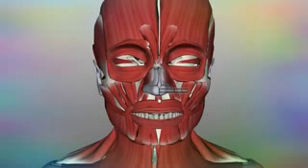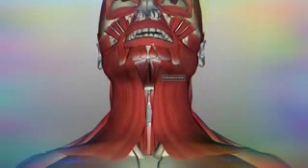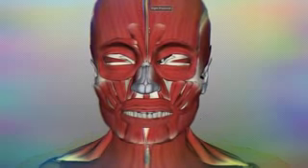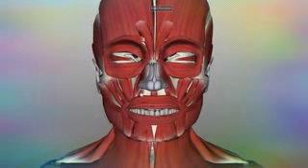It depresses the nasal septum, so it draws the nose down inferiorly. It actually inserts onto the nasal septum and it assists the alar part of the nasalis in widening the nostrils. So those are the three muscles of the nasal group of the facial muscles: the procerus, the nasalis, and the depressor septi nasi.